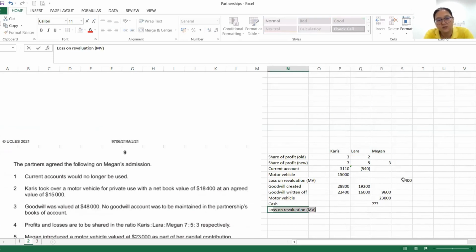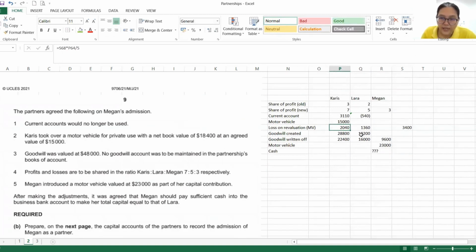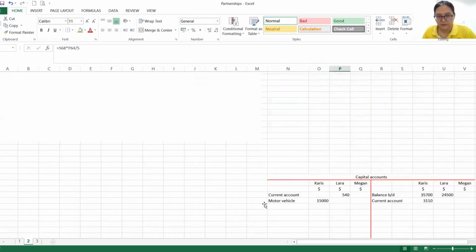So loss on revaluation. Okay, here we calculate, take this amount times 3/5, and times 2/5. So this is the amount for the losses, which we need to debit to capital.